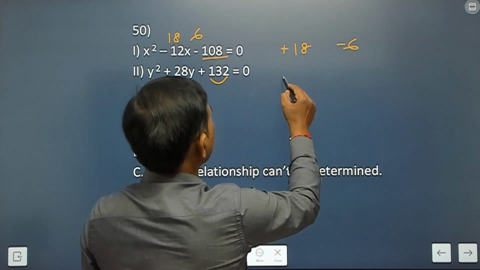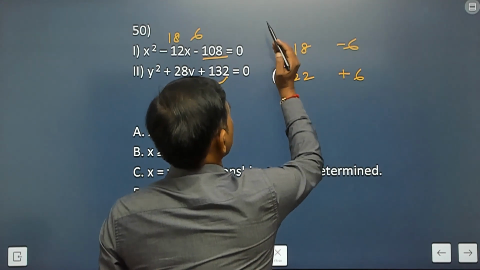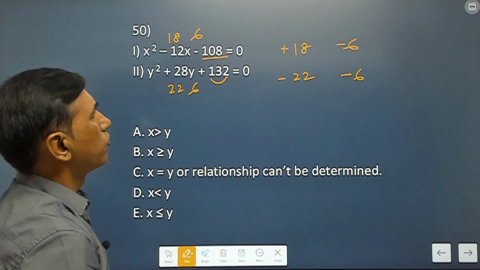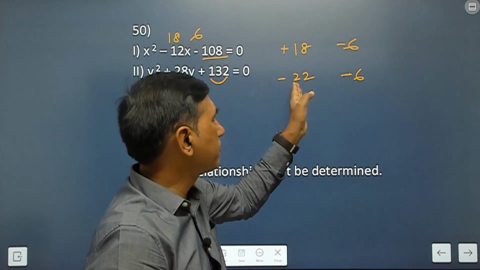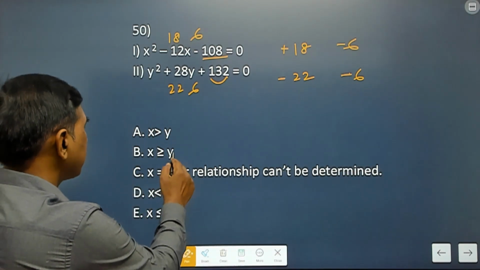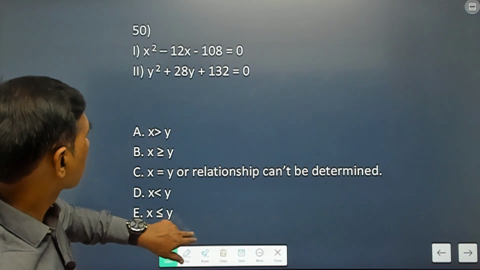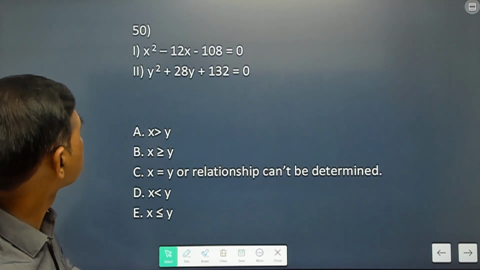So this will be minus 22, sorry, minus 26 minus 6. So when it is plus 18, it is greater than, when it is minus 6, greater than minus 22 and equal to minus 6. So your answer is x is greater than or equal to y. Right? X is greater than or equal to y.